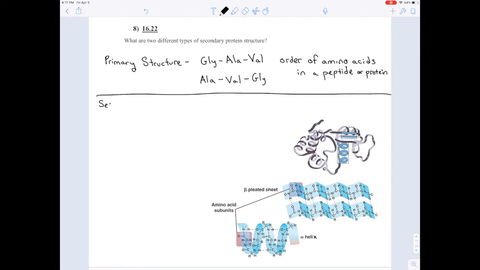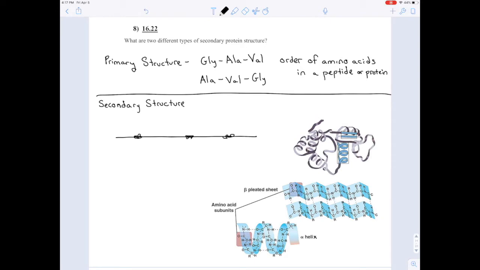Secondary structure. Now, once you have this long string of amino acids, they can start wrinkling locally. So let's say you have this long string of amino acids, and then this part kind of starts to wrinkle a little bit, and this part kind of starts to wrinkle a little bit, and this part too.